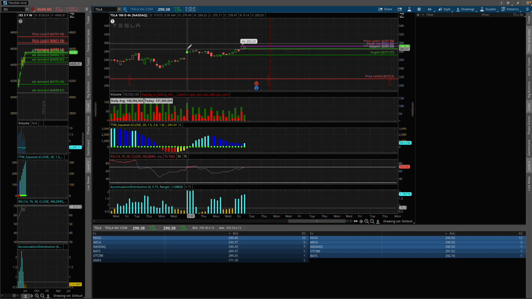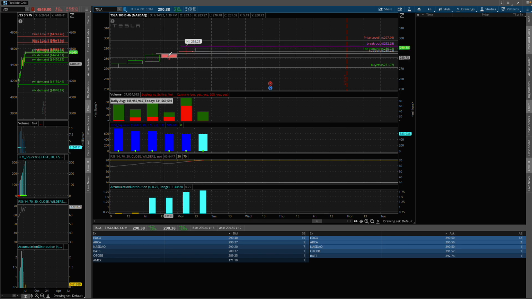I want to see what happened when we finally got above this level. So in this area right here, we finally get above this area.